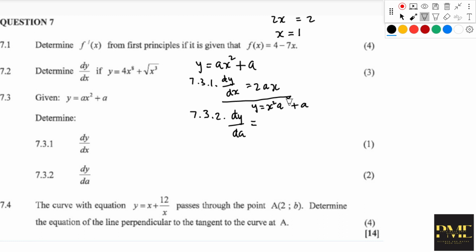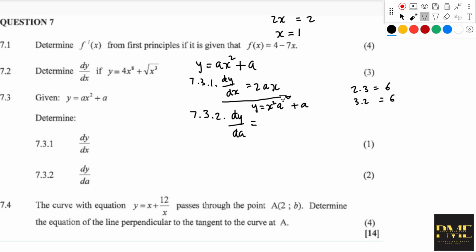Okay, so why am I doing this? It's because I just want to make it easy for you, okay. Then why can I do this as well? It's because we know that 2 times 3 is 6 and also 3 times 2 is 6. Okay, so it means whether I start with this or that, as long as I multiply, it's still the same thing. So if you see, x squared is the same as x squared a.